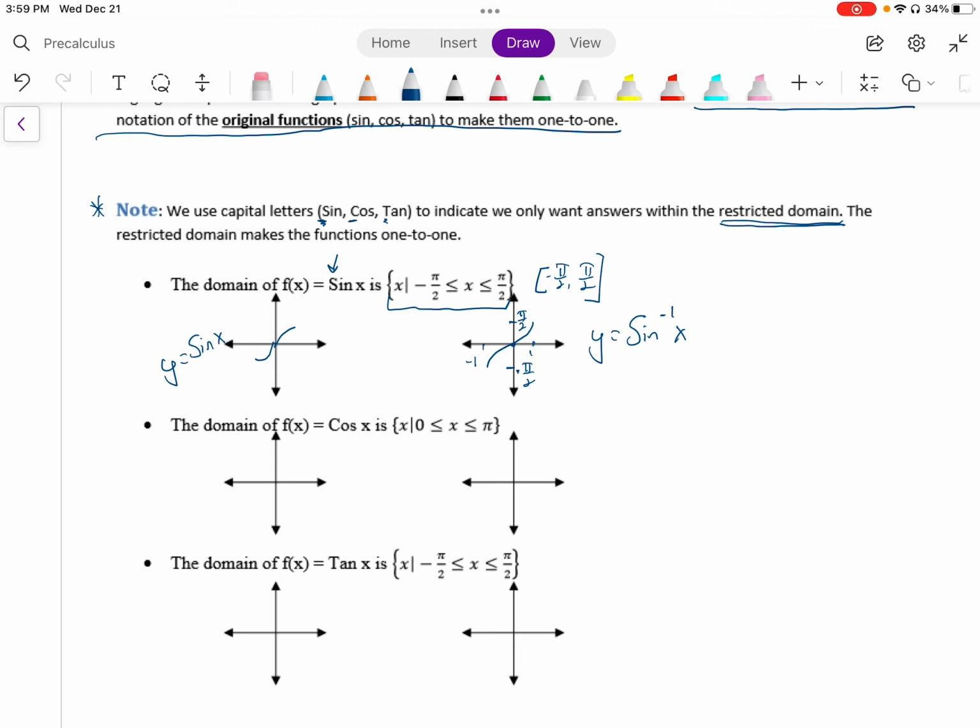Inverse cosine. We remember that inverse cosine looks like this.